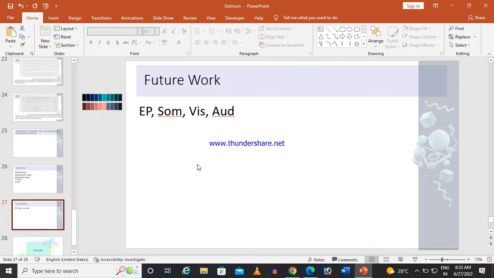If you can extend this study to evoked potential, meaning if the data set could be collected for somatosensory, visual and auditory evoked potential for delirium patients, then we can extend this study further to see how, from the evoked potential, the severity and the nature of delirium could be assessed.